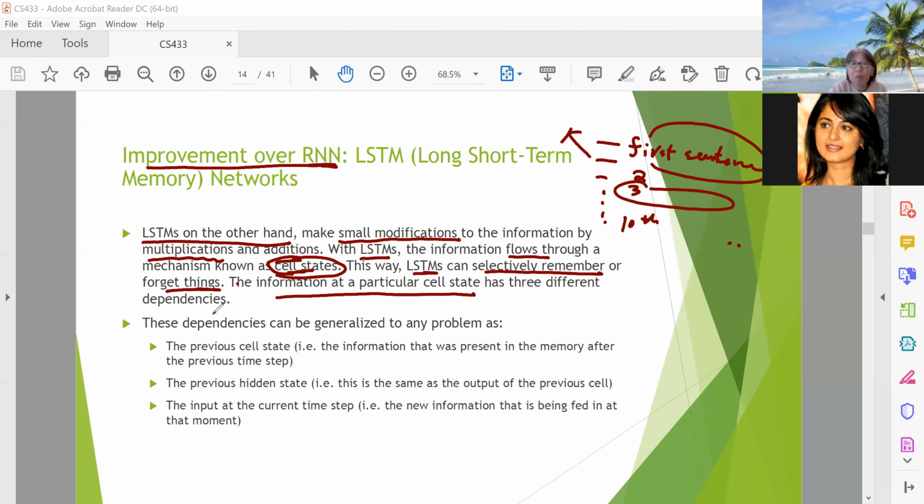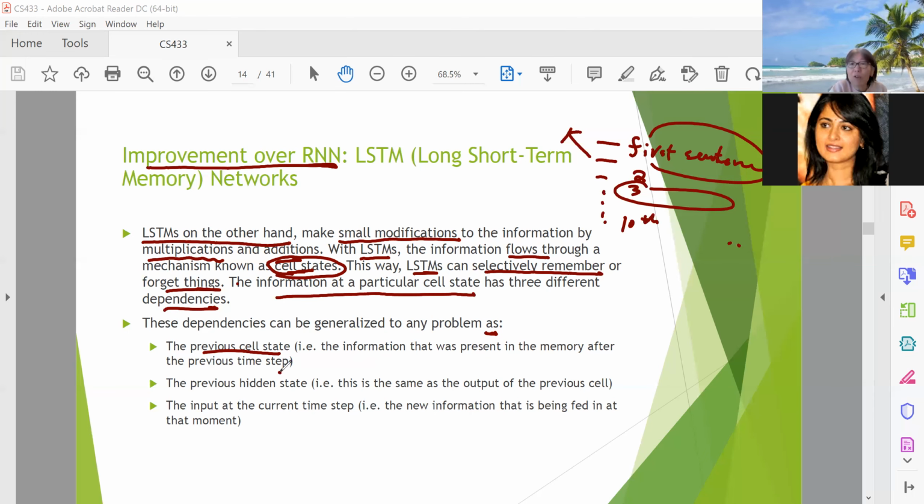So it will have 3 different dependencies. So what are the 3 different dependencies? So here we describe them. So there is a previous cell state. This previous cell state is information that was present in the memory after the previous time step.